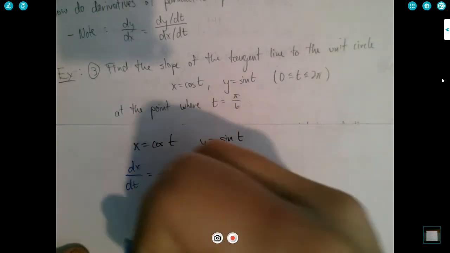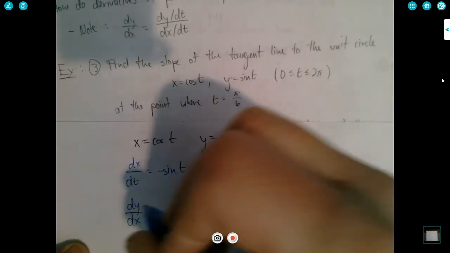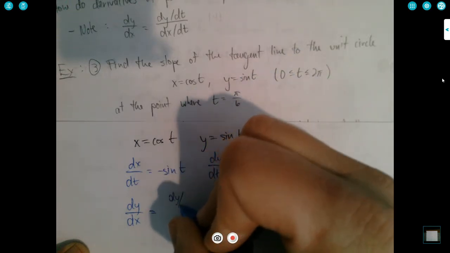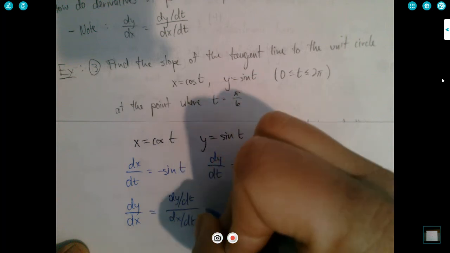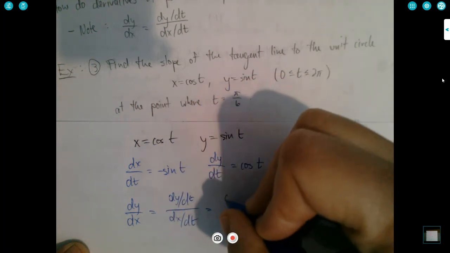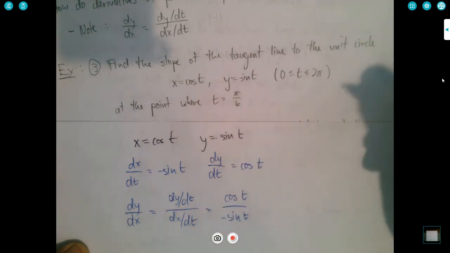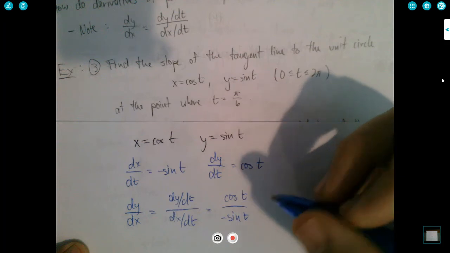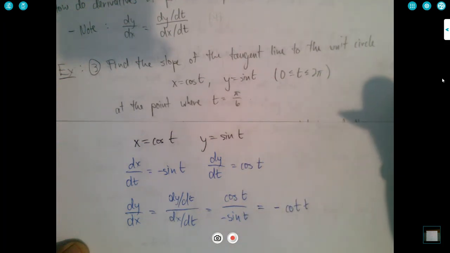And so dy/dx is just dy/dt over dx/dt. And that's just cosine t over negative sine t. And if you want, you could simplify that. Cosine over sine is cotangent, right? So this would be negative cotangent t, if you like.